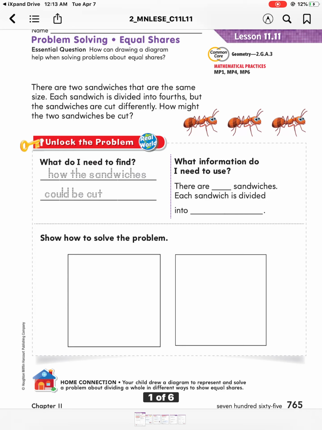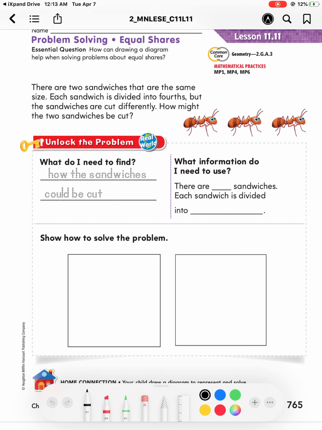This is the last lesson in our chapter. Okay? In this lesson, we are going to have problem solving for equal shares. As I told you before, problem solving is so important in math because it needs more analytical skills.